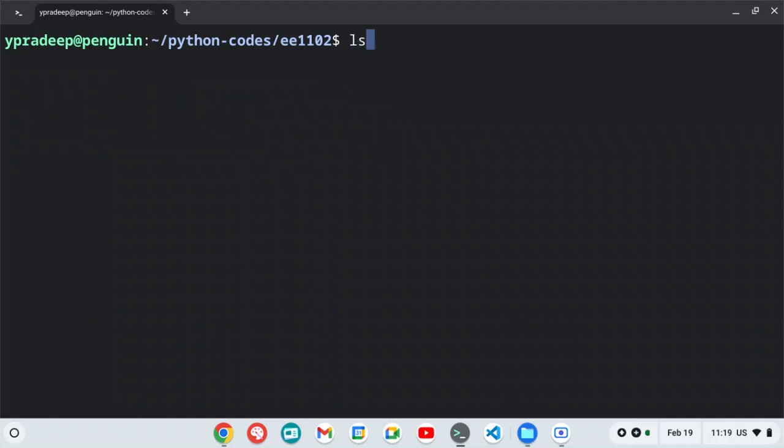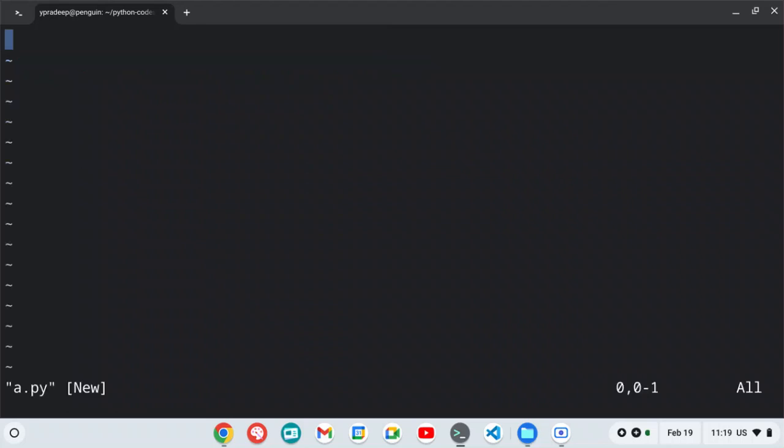So there's an empty folder. I create a file called a.py, just a simple name. Here I'm writing code in the Python language. The first line is import cmath and math.